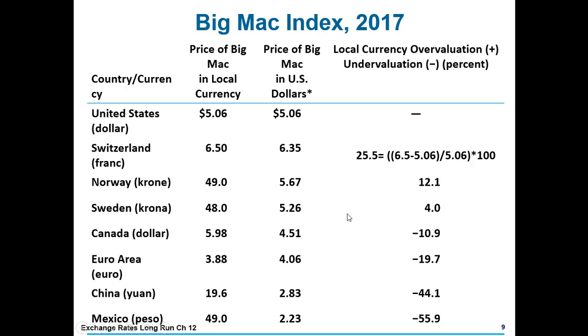That would be a negative number. So undervalued. And as you can see here, these 3 currencies have positive differences. Therefore, they're labeled as overvalued. And these currencies have a negative difference. If you took each one of these and subtracted $5.06, they'd all give you negative numbers. That makes those currencies undervalued.